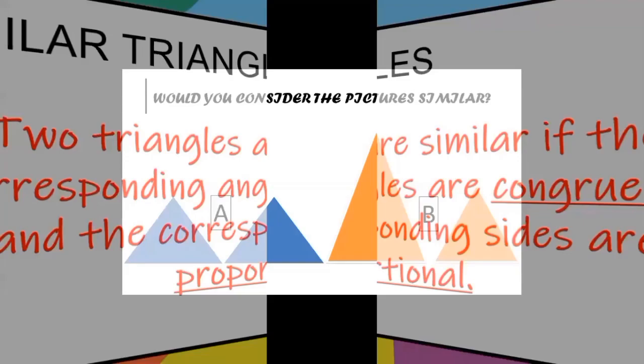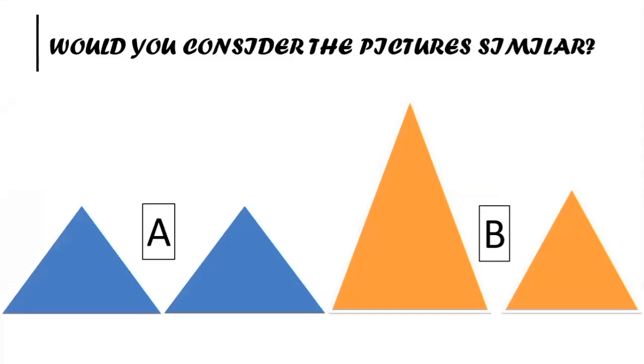With that definition, I know you have the answer to the question I asked a while ago. Which of these 2 triangles are similar? Yes, you are right. Figure B is similar triangles because, based on the definition, their angles are congruent and their corresponding sides are proportional.